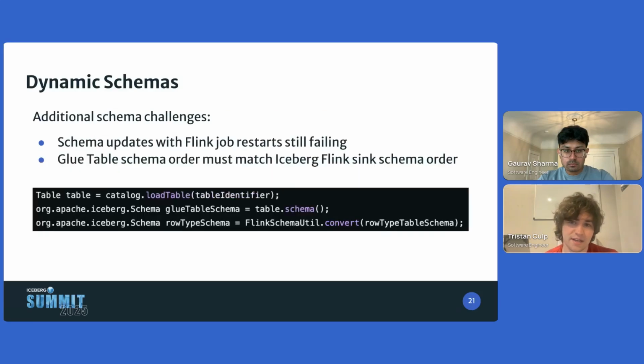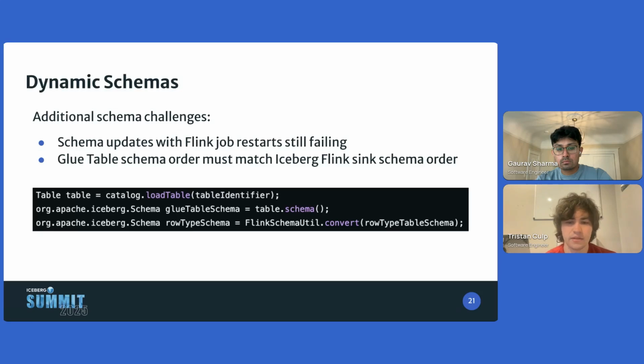Going to the next slide, that wasn't actually all the problems we had with the dynamic schema. We changed the Flink job to request the update on restart, but we found that it was still failing in certain cases to update the schema. This is because the schema in Glue needs to match the schema that Flink is using, not just the field types, but also the ordering of fields.